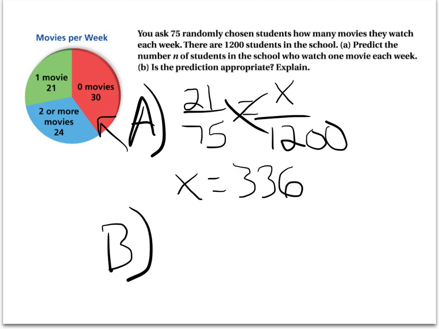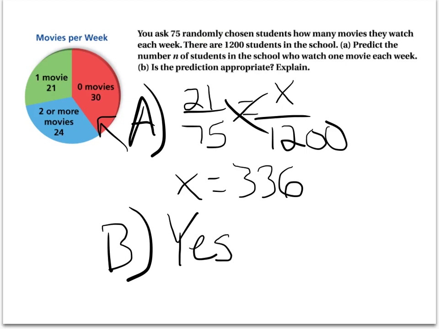B, is the prediction appropriate? Well, it says here that they were chosen randomly. Also, there were 75 people, so it's a decent group. Obviously, 1,200 is a big population of a student body, but 75 is a lot of people, and it was done randomly. So they ask, is the prediction appropriate?